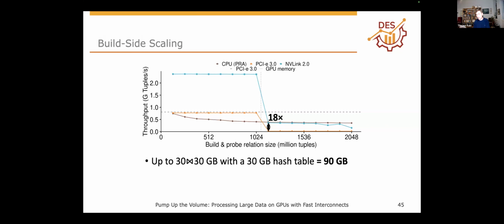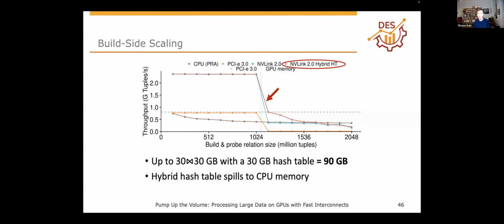So some of the accesses will go to the main memory, but as long as we're in GPU memory, we will be local. And if we have this kind of hybrid hash table, then we can see the join more gracefully degrades in size. We're still going to get slower. Eventually, we're completely limited by this NVLink latency because most of the accesses, the individual hash accesses, will go to the CPU memory.